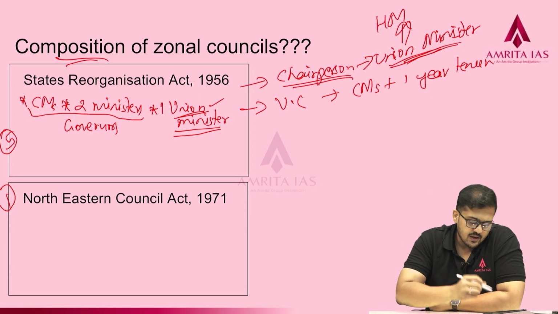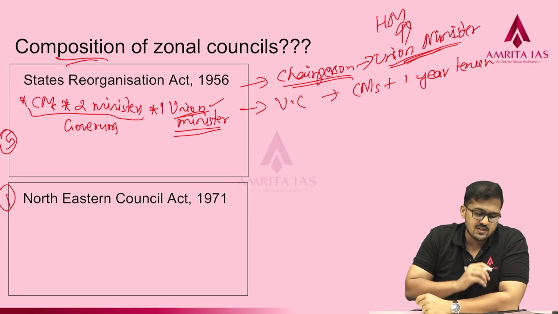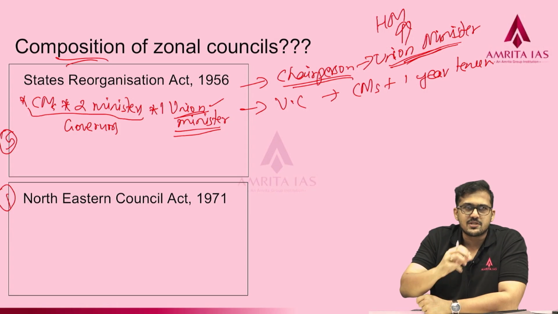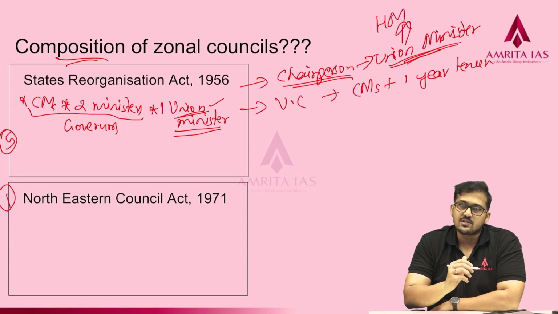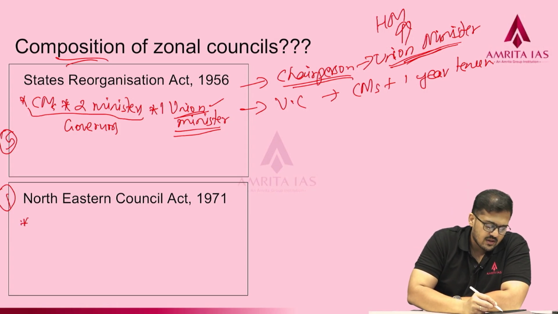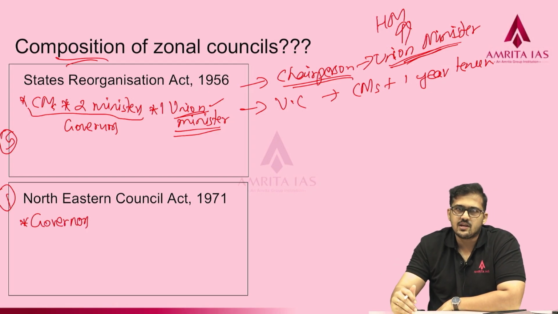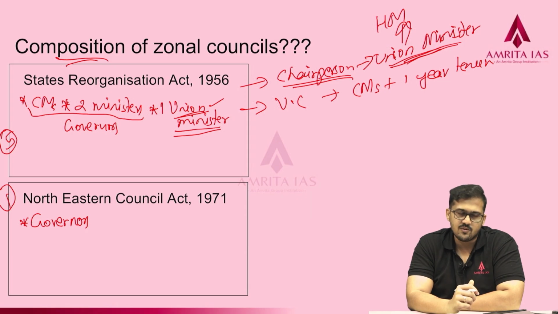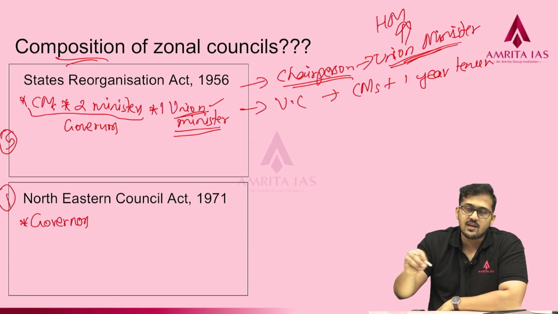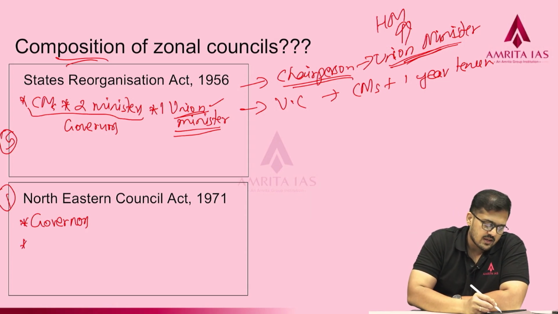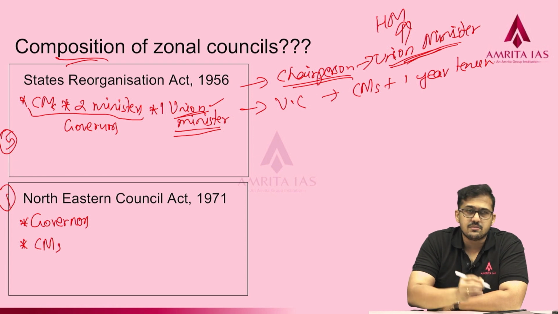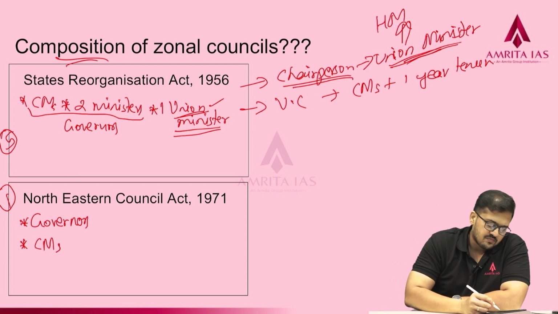That's it. Now, when it comes to the Northeastern Councils Act, the composition is entirely different. The Northeastern Council Act says that the council shall comprise the governors of the states. So, for the states present in the Northeastern Council, the governors of each state will be members. Then, chief ministers from each and every state will also be members of the council.